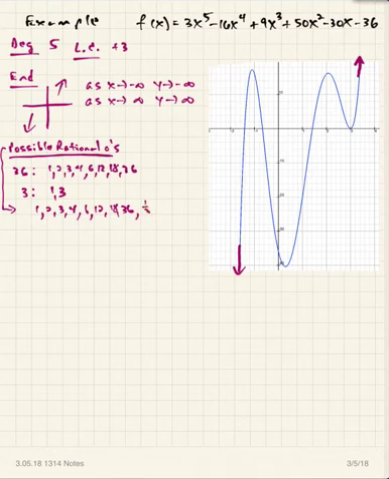So you get 1/3, 2/3, 3/3 is a repeat because it's 1, 4/3, 6/3 is a repeat, 12/3 is a repeat, 18/3 is a repeat, 36/3 is a repeat. So you don't get very many more. And it's plus or minus all of those. So this is this big long list of possible rational zeros, and any zeros for this polynomial have got to be in that list.